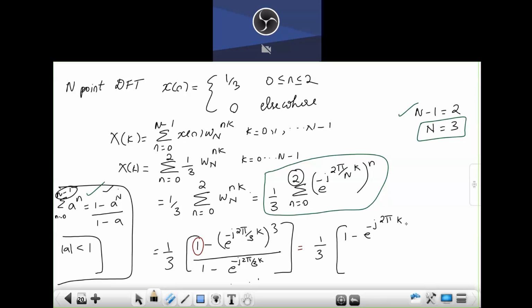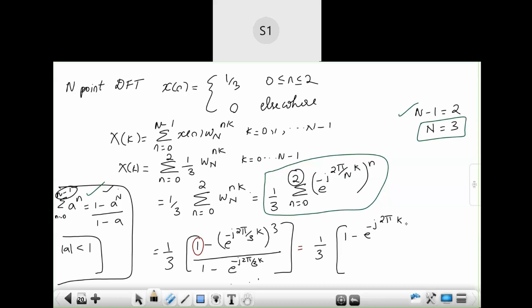Okay, this is what you will get. You can simplify it like this also.